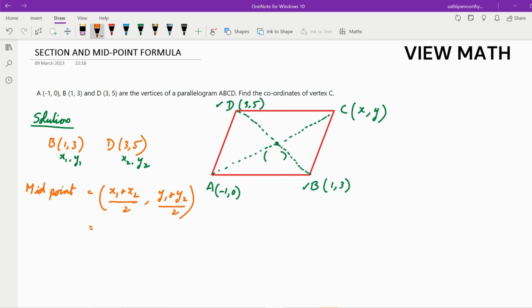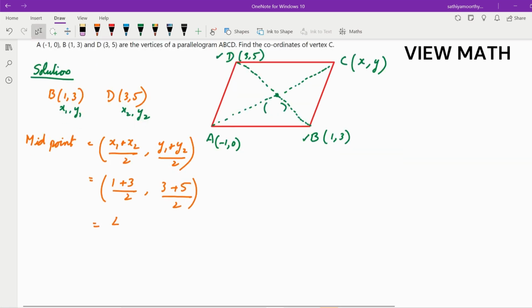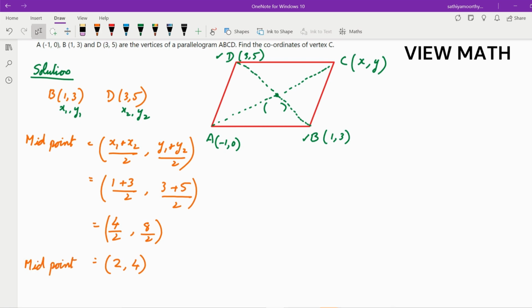Substituting, (1 plus 3) by 2, (3 plus 5) by 2. Simplifying, 1 plus 3 is 4 by 2, 5 plus 3 is 8 by 2. Cancelling, I get 2 and 4. (2, 4) is the midpoint. The midpoint of BD and the midpoint of AC are the same.